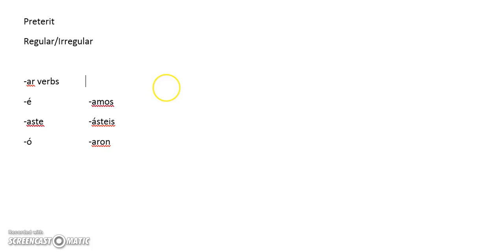So, for example, for AR verbs, you could have hablar, yo hablé. I spoke to him yesterday. Or you could have tú hablaste.